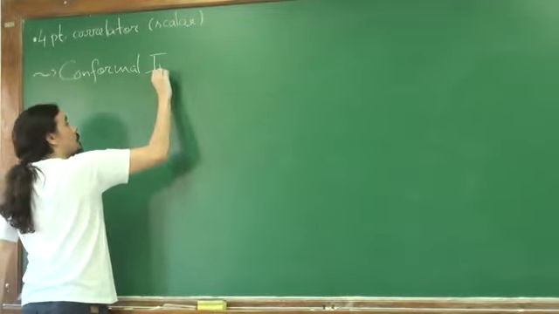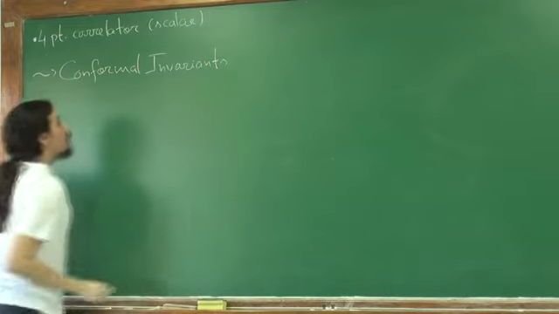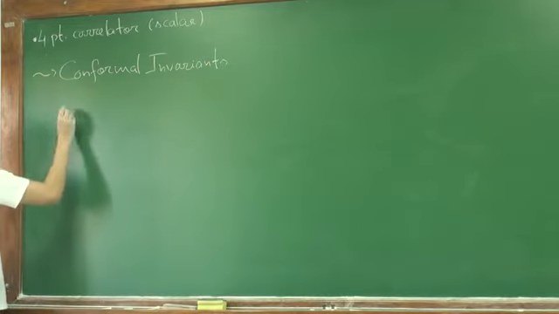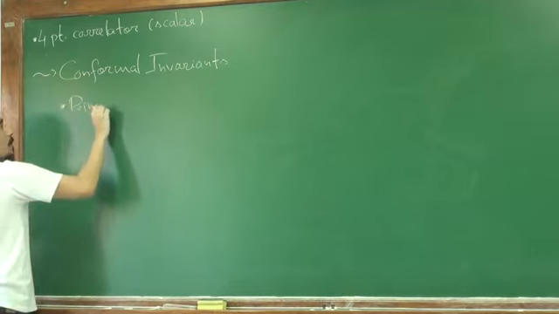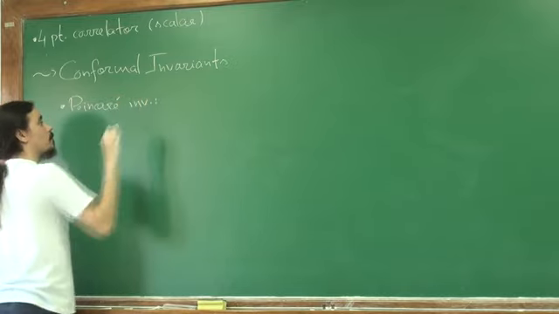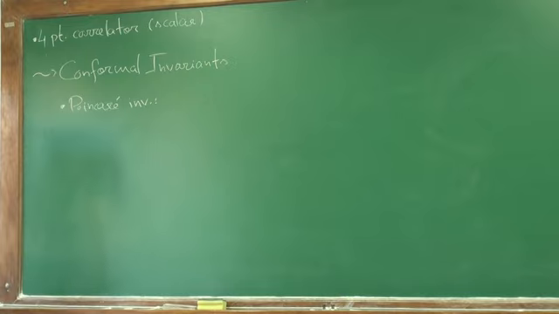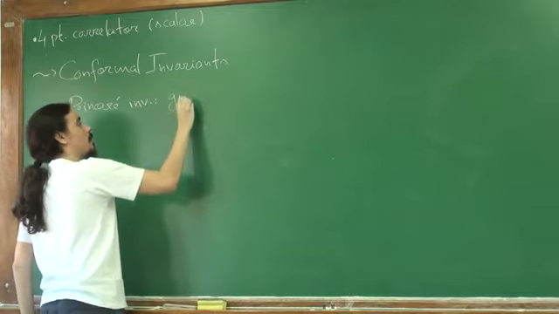Conformal invariants. That's what we call the case of Poincaré invariants. And in Poincaré invariance, given any 2 points, we can construct a Poincaré invariant. Okay, this is the statement.